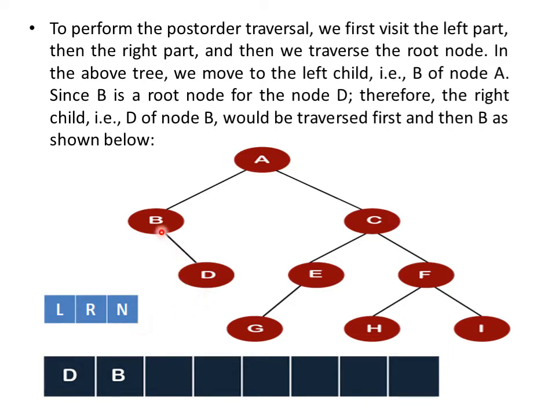After D it will move to the root node, that is B, then B is printed.